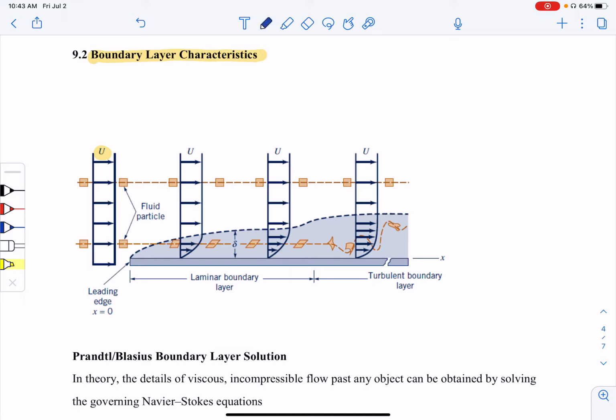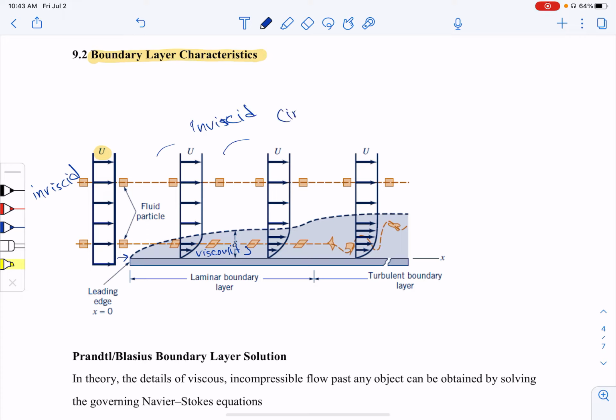If we look at the shape here, we have inviscid flow, and then if we are going toward the flat plate, then the viscous flow is going to be more important. So here we have viscosity in this region, and also here, which is out of that boundary layer, we have inviscid flow.